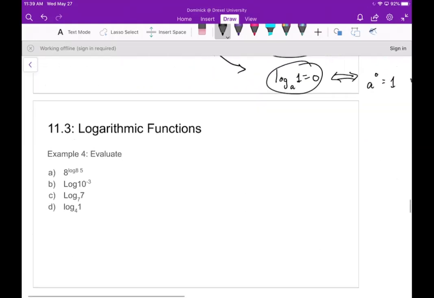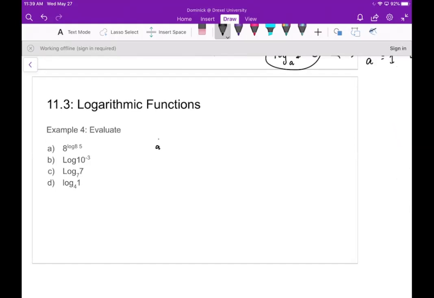So to see a couple of these in practice, part A, we have 8 to the log base 8 of 5. Now, of course, you could show that this is equal to 5 using exponential form, but we know that this 8 and this log base 8 essentially cancel, and I'm left with 5.